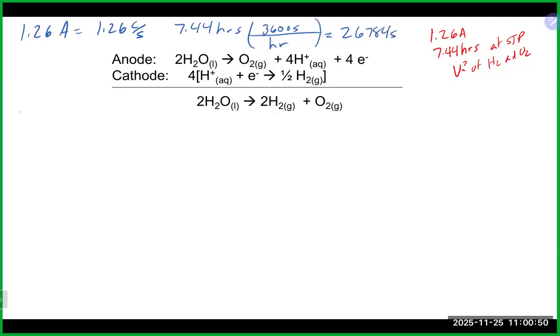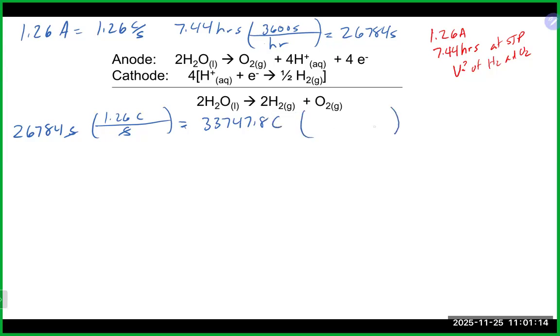So we could use both of those pieces of information to get to our coulombs here. So we'll do our 1.26 coulombs per second. The seconds are going to cancel. And that's going to get us 33,747.8 coulombs.